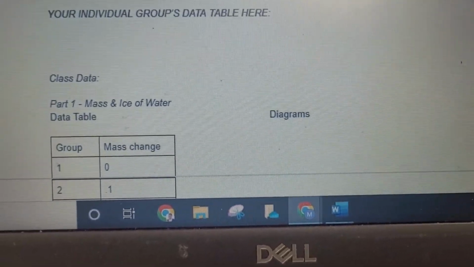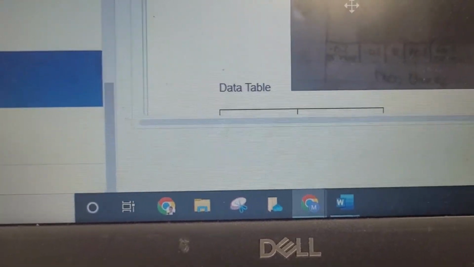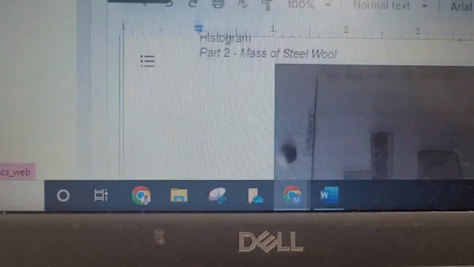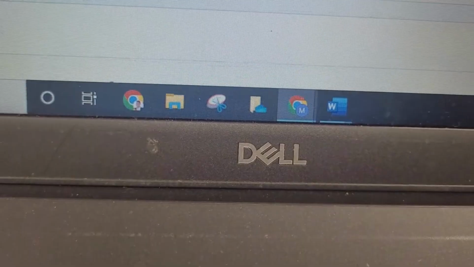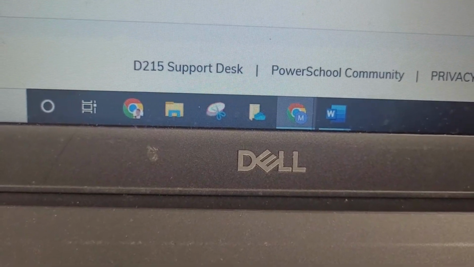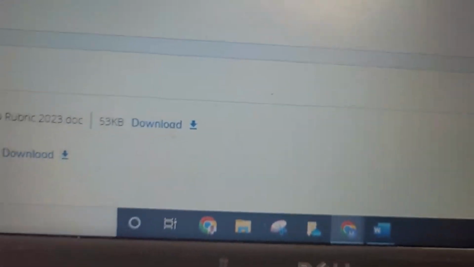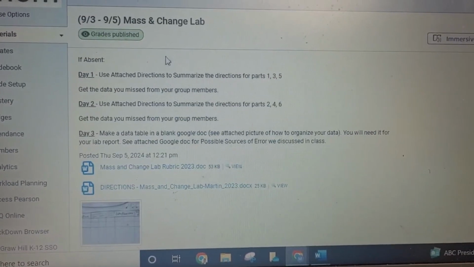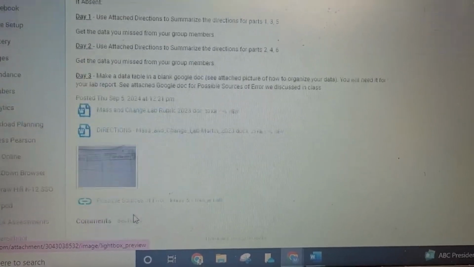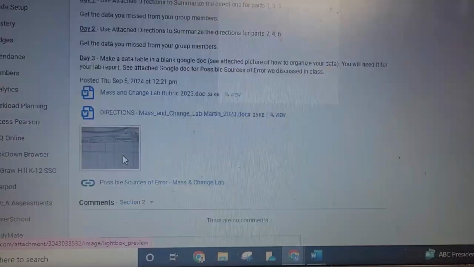Going back to our, see if I can get us to there real quick. Yes, going back here to this data table that we did right here, right?